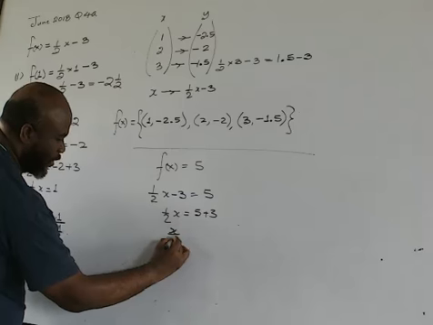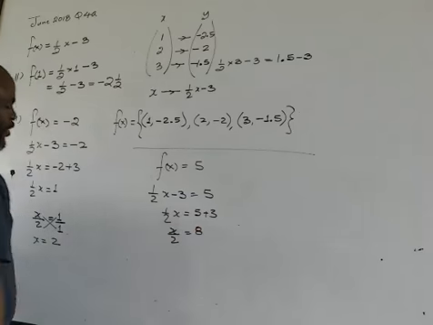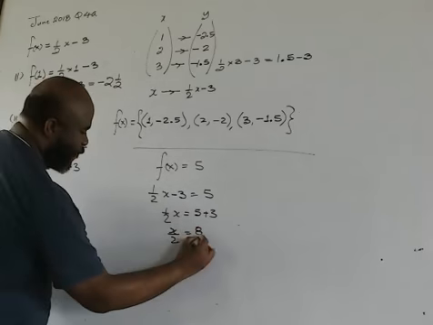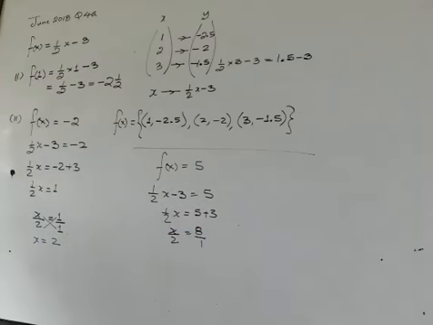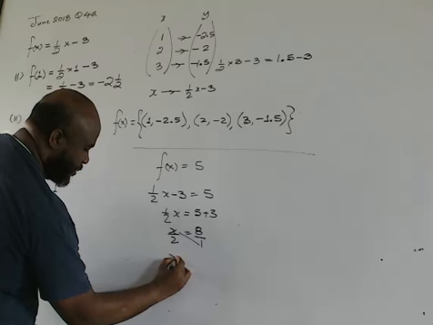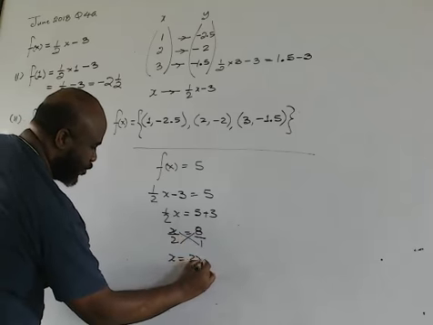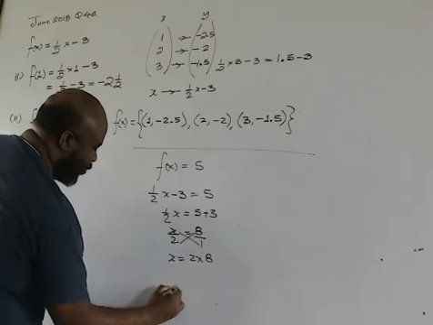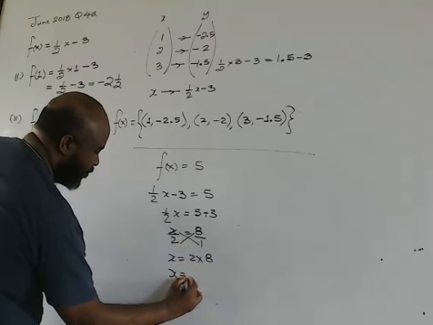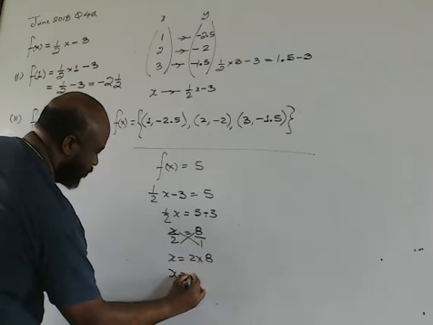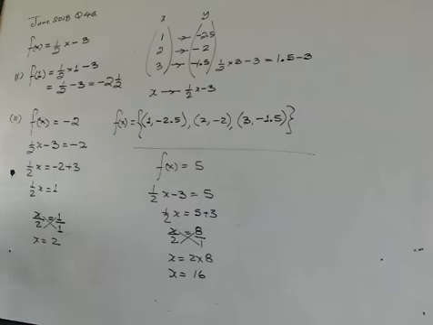So x over 2 is equal to 8. If I have one fraction equal to one fraction, what do I do? So x is equal to 2 times 8, which is 16.